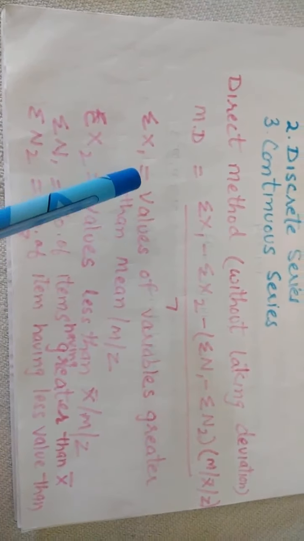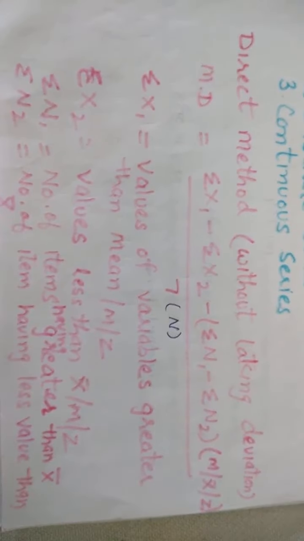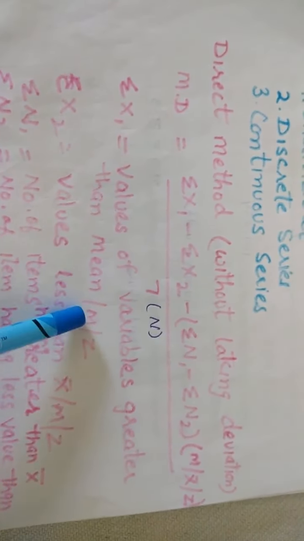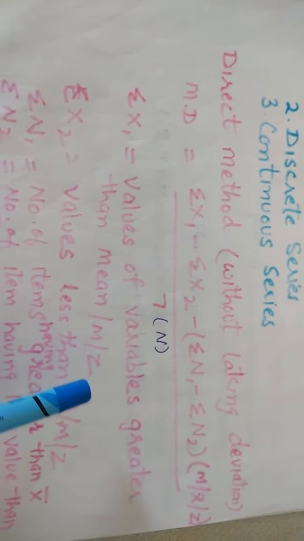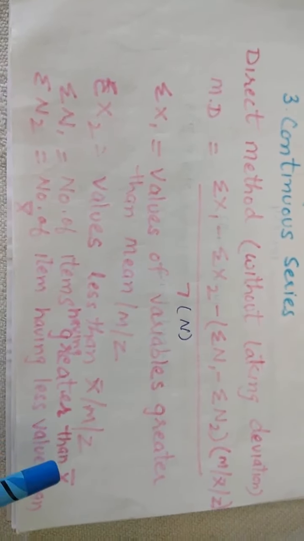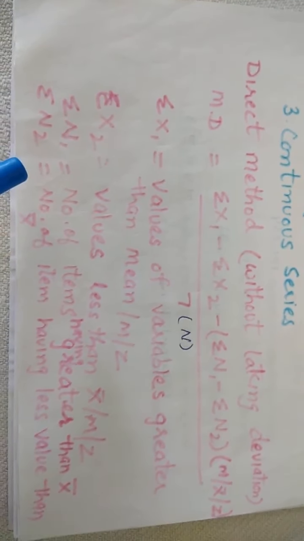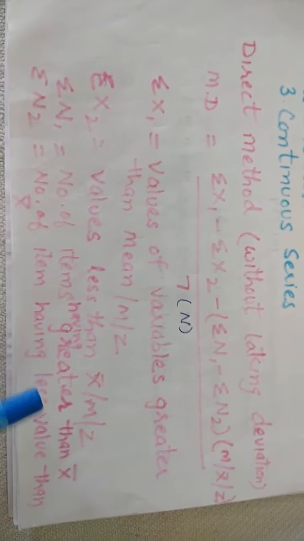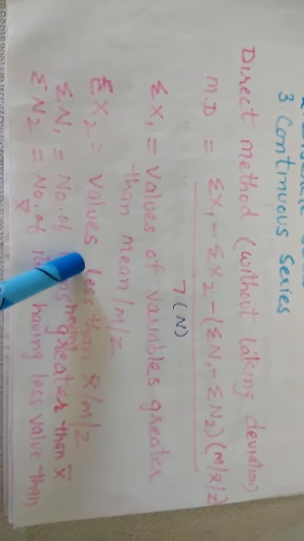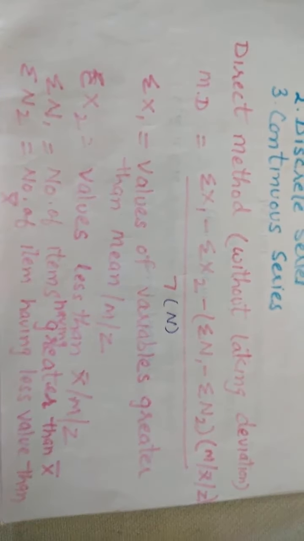Now what is summation x1? Summation x1 is the value of variables greater than mean or median or mode. Summation x2 is the value less than mean, median or mode. Summation n1 is the number of items having value greater than mean. n2 is the number of items having value less than mean. We will make it clear with the help of an example.